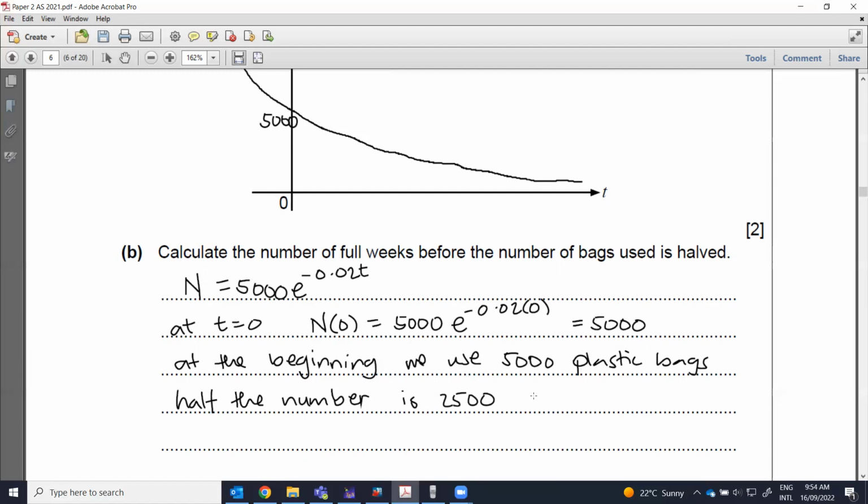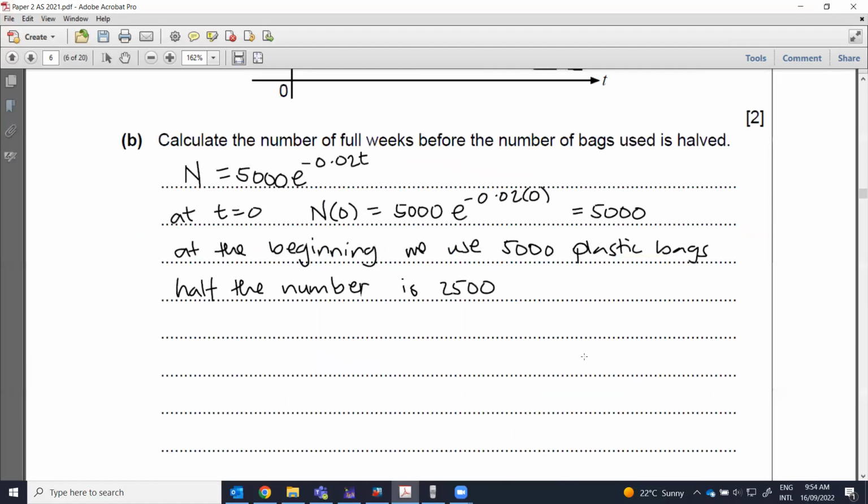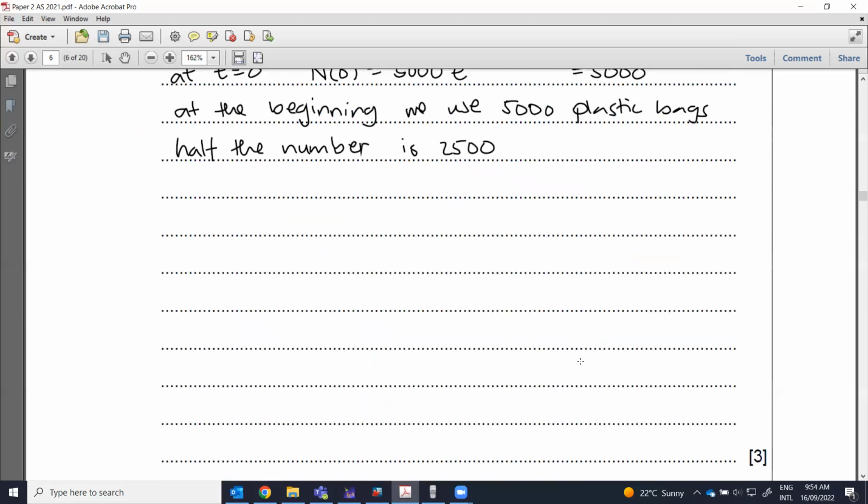Okay, so this is what we're trying to figure out. And then what we do is we will equate N to 2,500 and then solve for t.